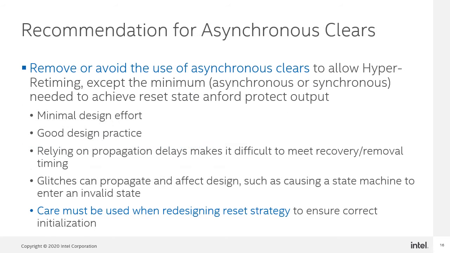So the recommendation for designs targeting the Hyperflex architecture is to remove or avoid using asynchronous clears as much as possible, except for the minimum needed to achieve a known reset condition and to protect outputs driving other devices or logic. If your design does not make use of asynchronous clears, then you're all set.